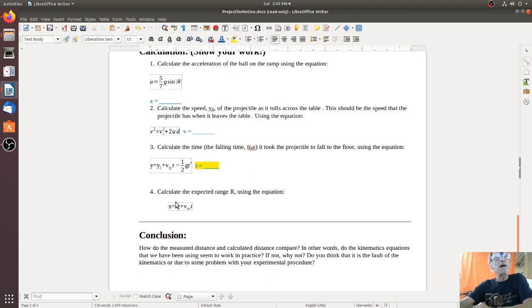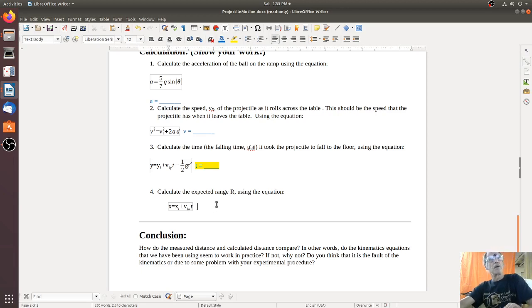Okay, now the range, this is the x direction for projectile motion. The initial x position is 0. This is the velocity that it left. The initial velocity in the x direction is the same as the velocity in the x direction throughout its motion, and this is t.